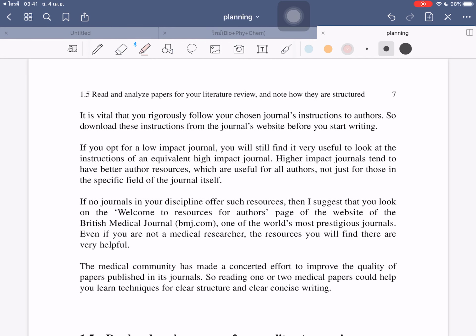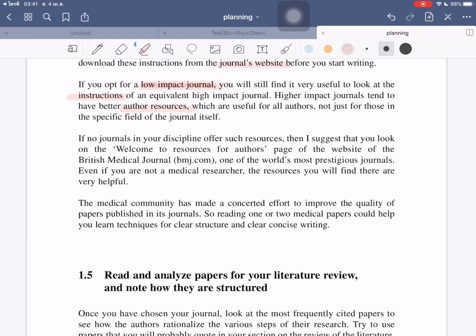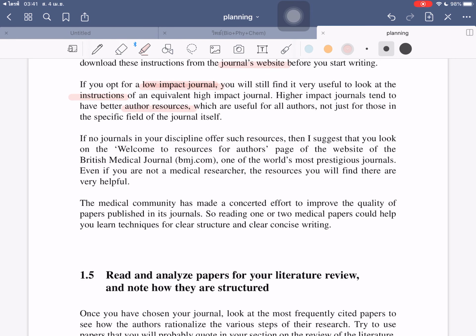Next, you can look at the journal website. And how about if you choose to submit to a low impact journal? You also look at their instructions too. You need to look at the other resources too, no matter what journal it is. This is highly recommended.